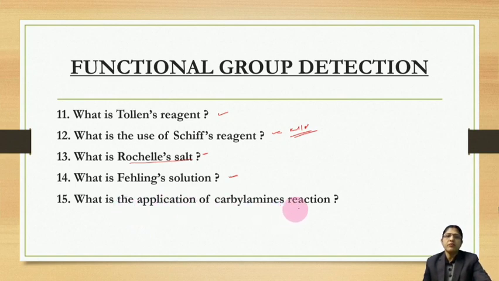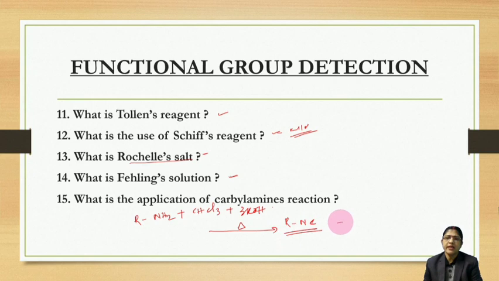Then what is the application of carbylamine reaction? Remember, carbylamine reaction is used for what? Amines, aliphatic and aromatic primary amines also. Here carbylamine reaction, already we have studied in theory: CHCl3 chloroform and KOH, if you heat, then RNC isocyanide plus 3KCl plus 3H2O, right?